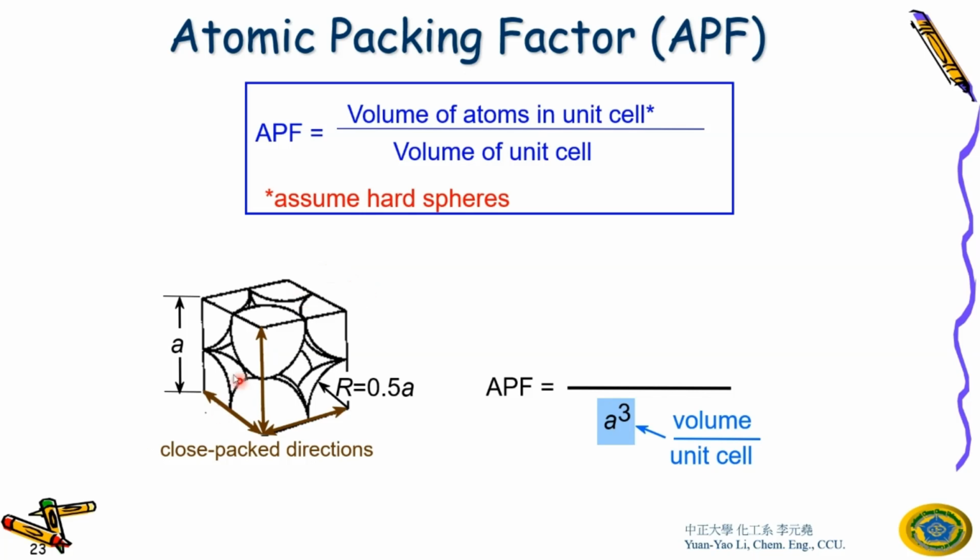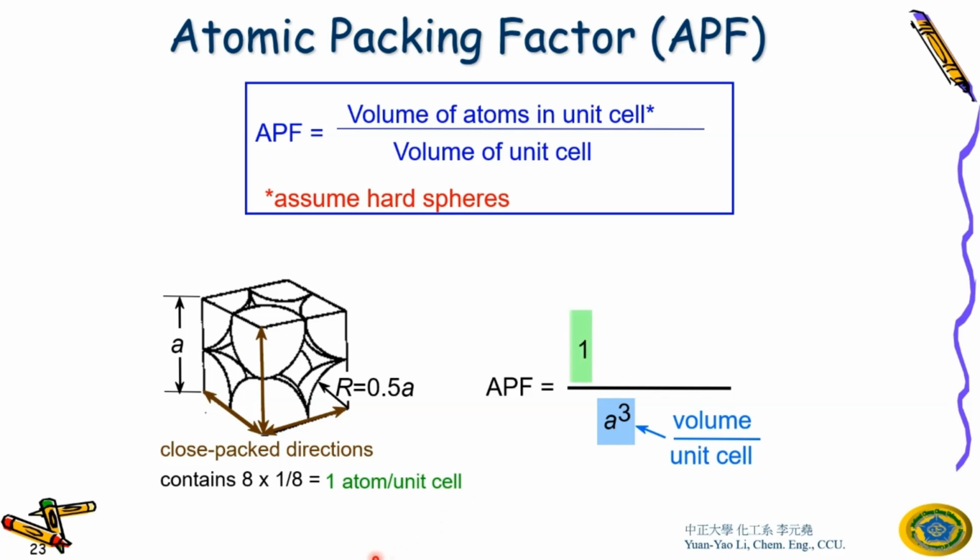Because you have 8 atoms at the corners, and each corner atom occupies only 1/8 of the sphere within the unit cell. So 8 times 1/8 will be 1 atom per unit cell.